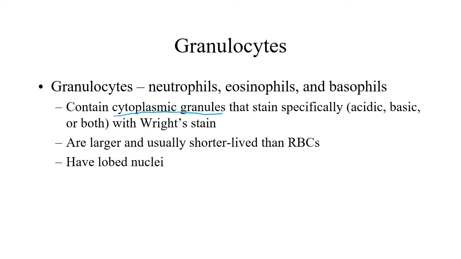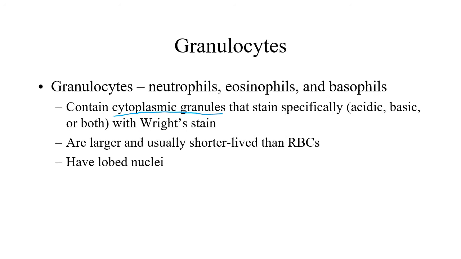Essentially, we're going to see almost what looks like little grains of sand or something inside the cells themselves. And so when we use Wright stain, we're going to get both acidic and basic types of staining. Some of them may even have both of them. And so we're going to see reds and blues as far as the colors go, and purples inside of those granulocytes themselves.